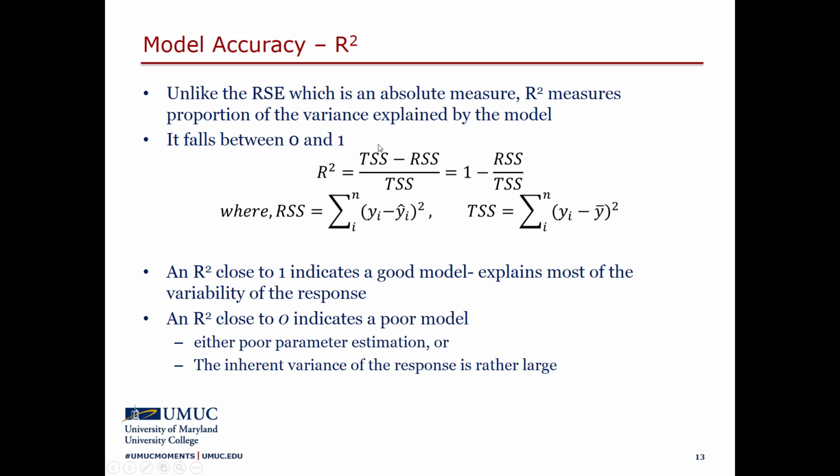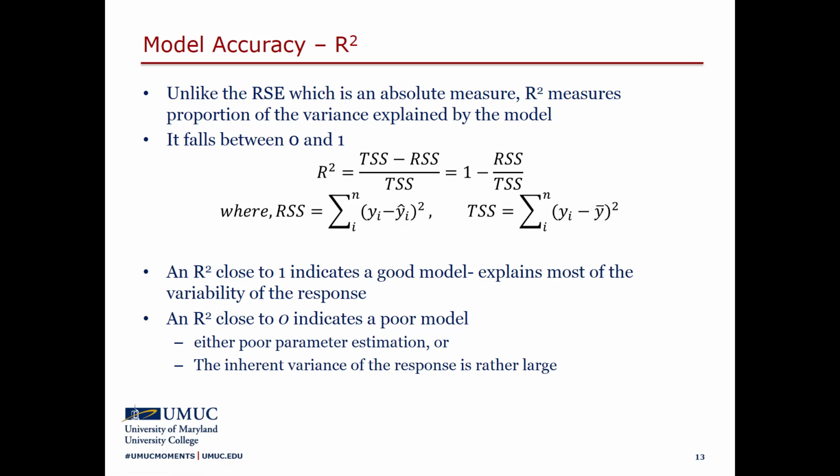R squared equals the total sum of squares, which is given here, assuming you have a null model, which is the simple average of the response variable, minus the residual sum of squares, obtained by fitting the linear regression, and you normalize by the total sum of squares. So that is R squared.